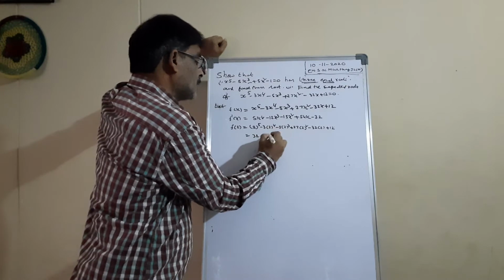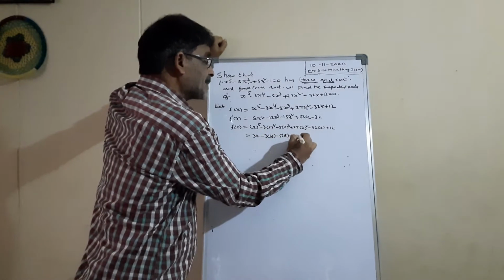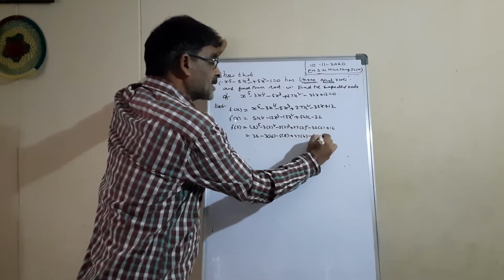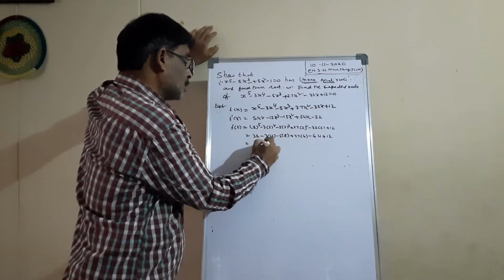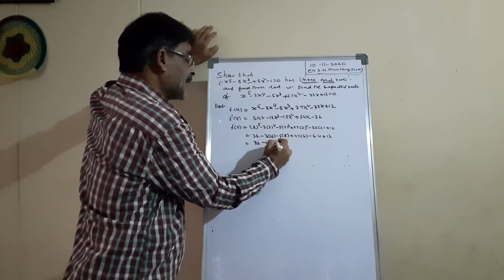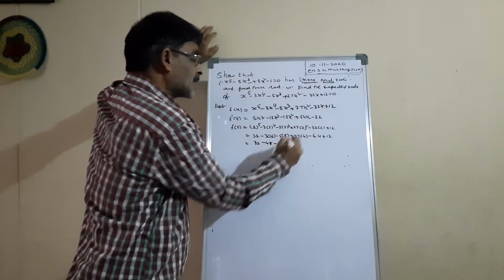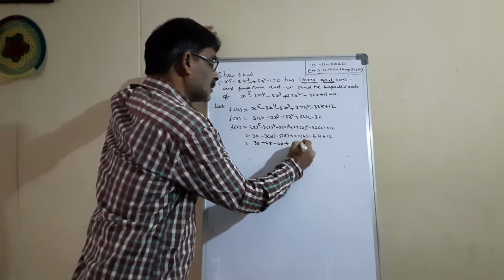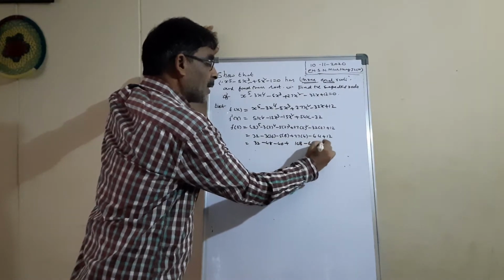Minus 3 into 16, minus 5 into 8, plus 27 into 4, minus 64 plus 12. Again, 32 minus 48, minus 40, plus 108, minus 64 plus 12.